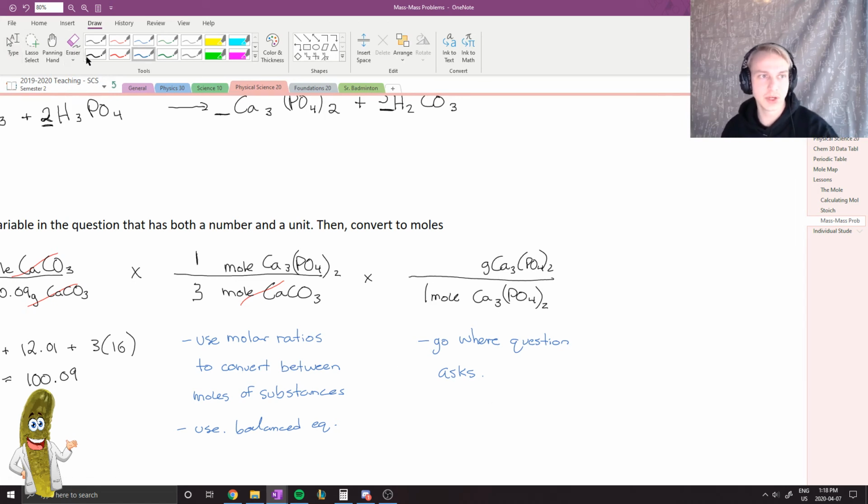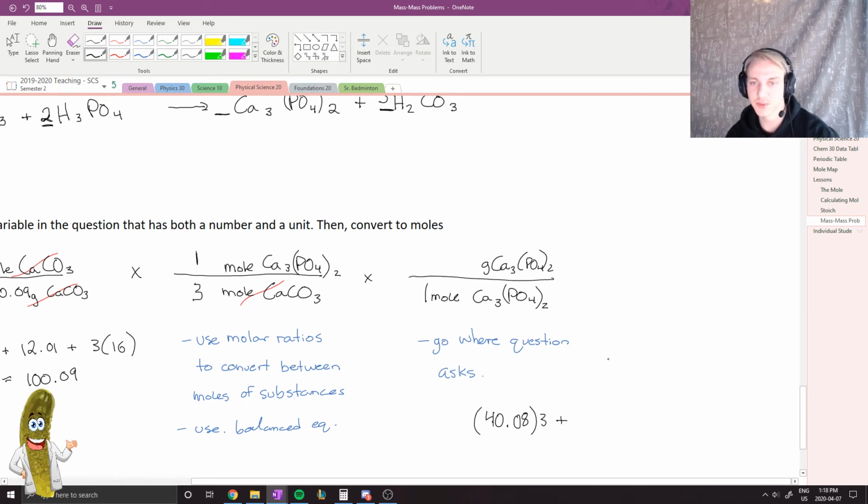So what we're going to do here then is we need to calculate again the molar mass of Ca3(PO4)2. So I know that calcium was 40.08. And I also know that there are 3 of them, so I'm going to times that by 3.